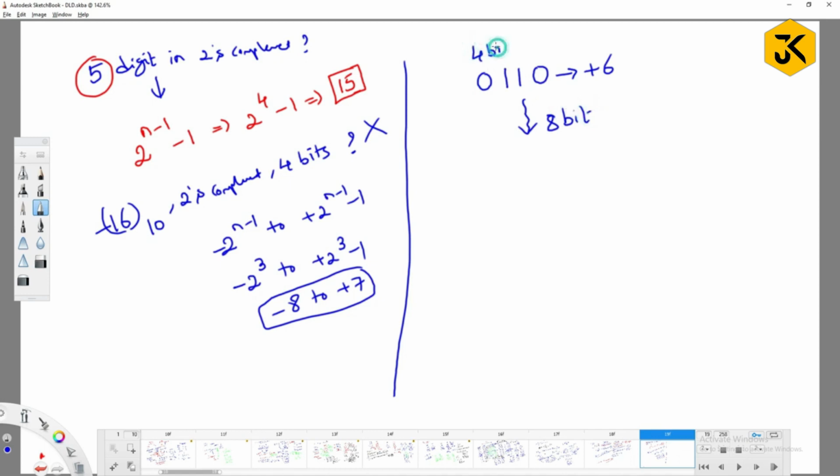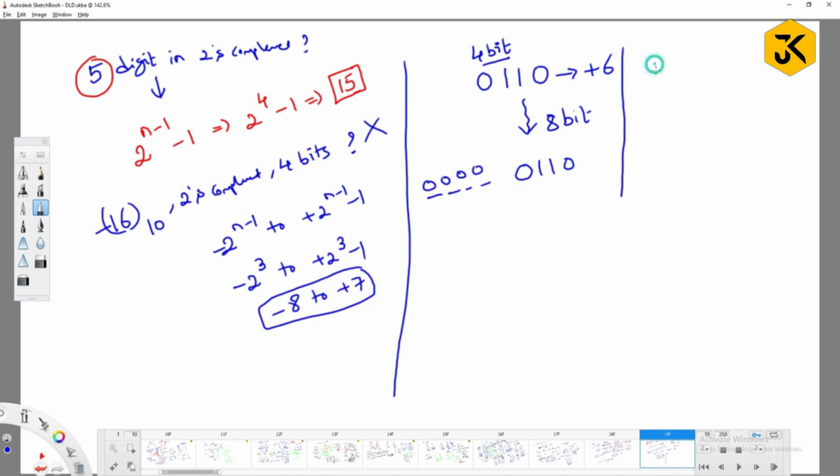My point here is, it is a 4-bit system, so I can write 0110 for positive 6. Can I extend the same with an 8-bit system? Yes, I can extend. What you can do is simply add the remaining 4 zeros. There is no problem. What about if it is minus 6?